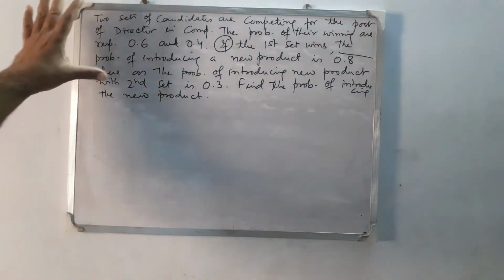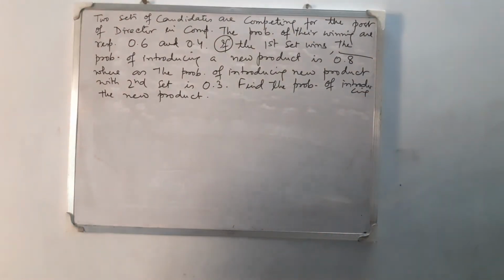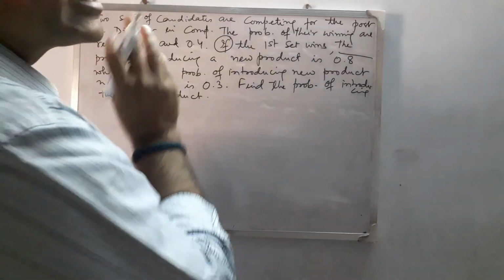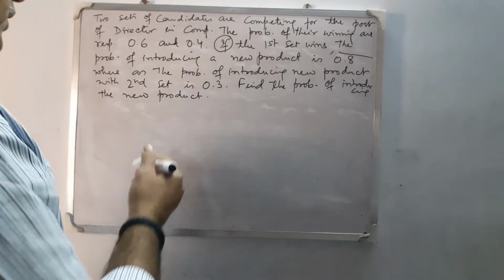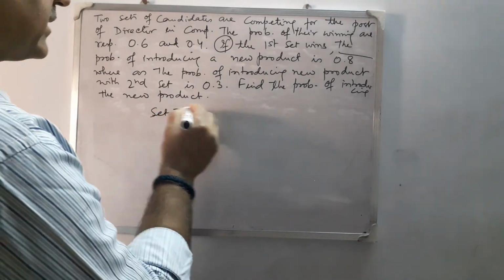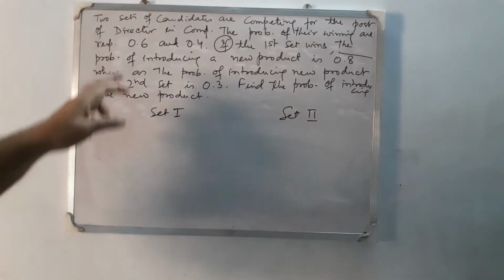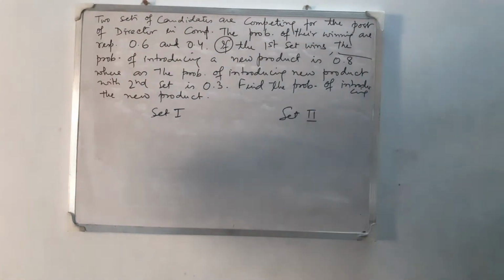First of all, read this problem carefully. Two sets of candidates are competing for the post of directors in a company. Now, set 1 here, set 2 here. The probability of winning of the first set is 0.6.